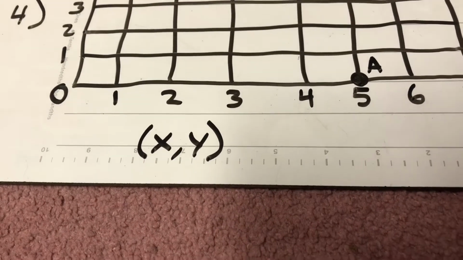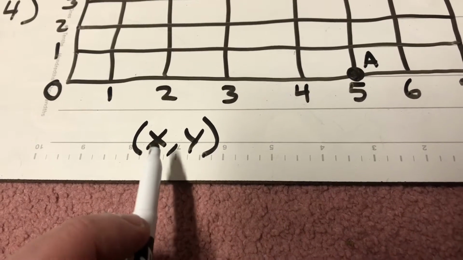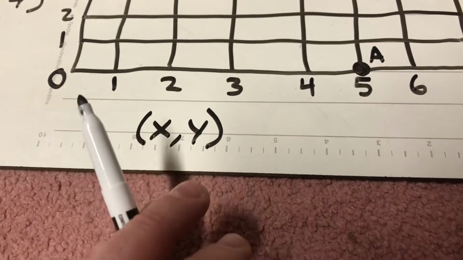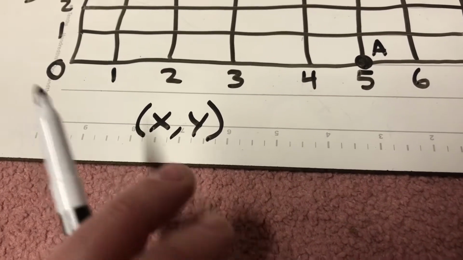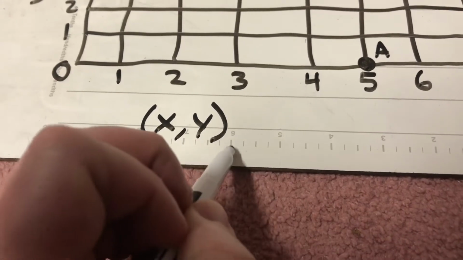And this you're just going to need to get used to. You're going to be dealing with these x coordinate, y coordinate ordered pairs all through 8th grade algebra. So this is just a good concept to understand.